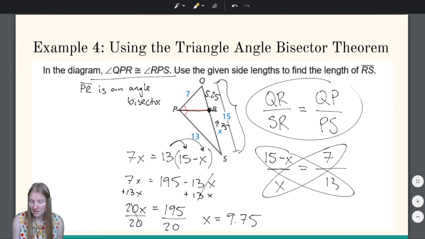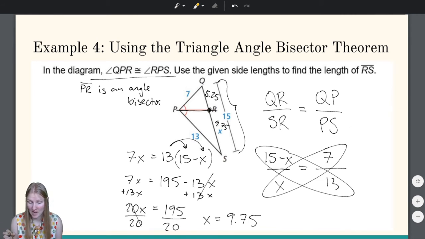So let's plug these numbers into our proportion and make sure that we're correct. QR is 5.25 over 9.75. That needs to be equal to 7 over 13.